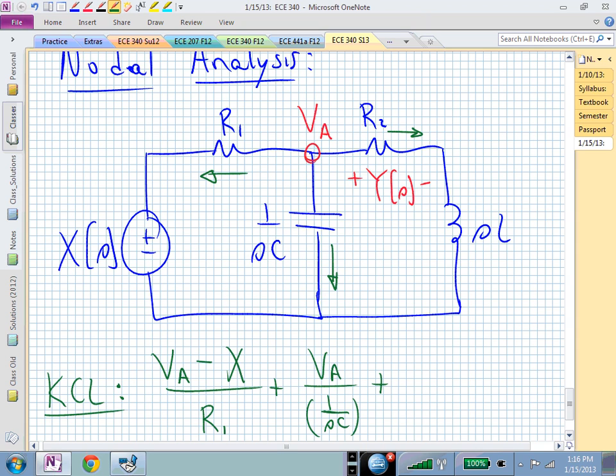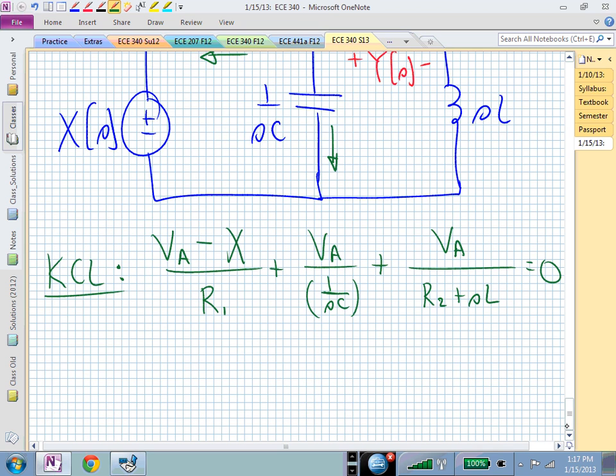That's still V sub A. This drop, V sub A, is the same as the drop across R sub 2 and SL. So I have V sub A all over R sub 2 plus SL, and that's equal to 0. There's now one equation in the one unknown, V sub A, and I can solve this for V sub A. It will be a function of the input X.